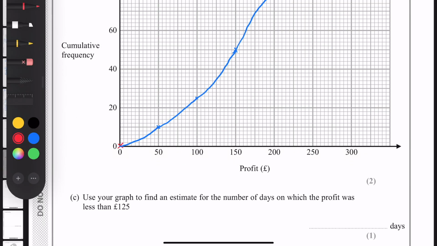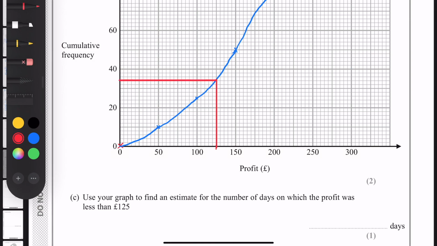Part C. Use your graph to estimate the number of days on which the profit was less than £125. So we're going to go up from £125, which is here, and you go up with a ruler and stop. And then you need to go at right angles to the line and stop like this.